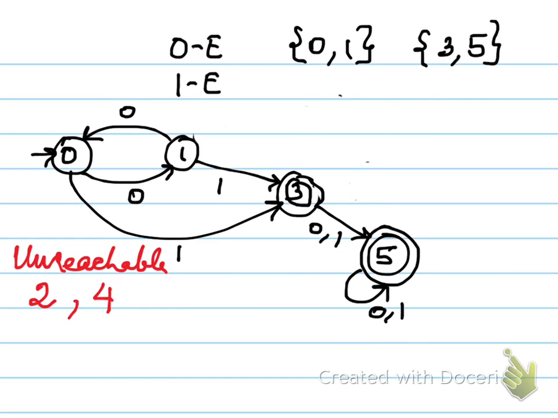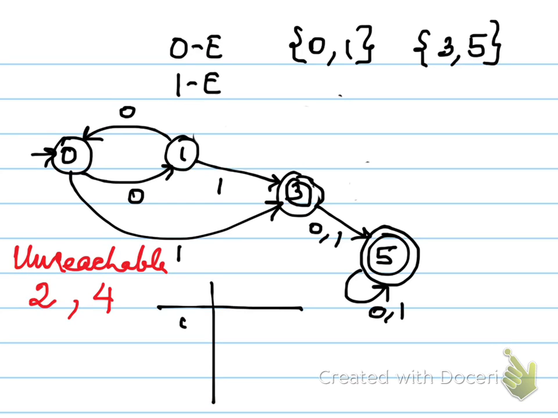So let's take 0 and 1. I think it is better if I draw the transition table.